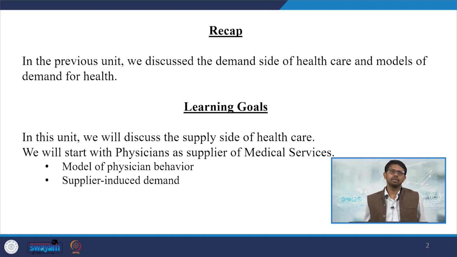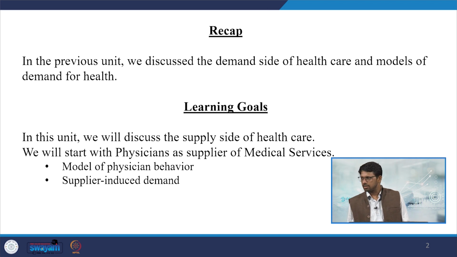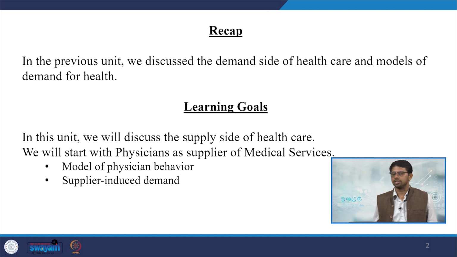So, in this perspective, we will highlight to what extent the demand is optimizing or the supply is being optimized with the behavior of the physicians.